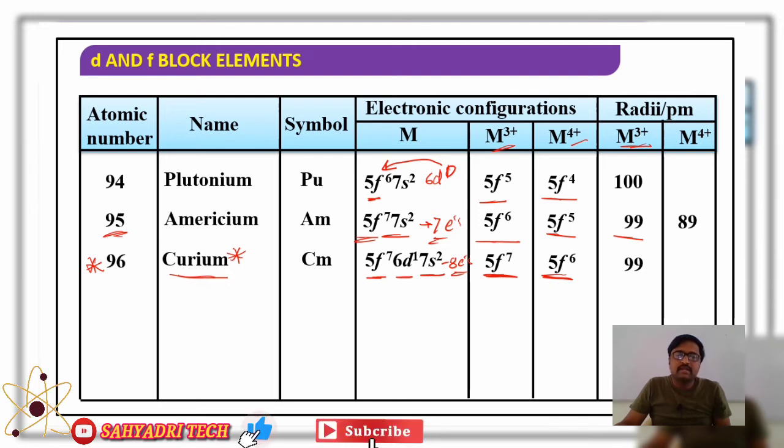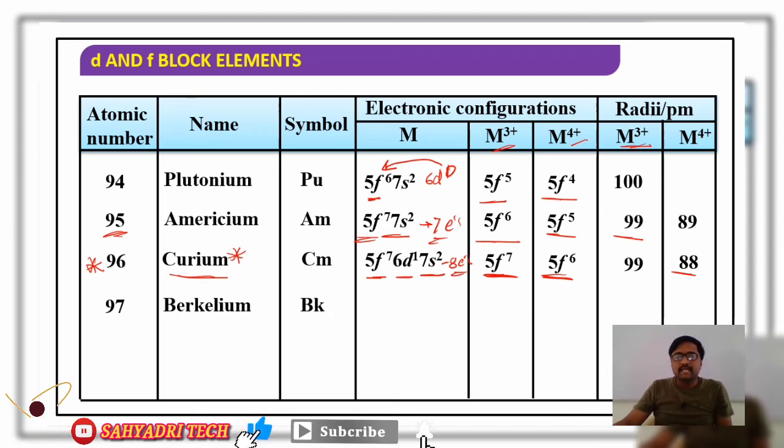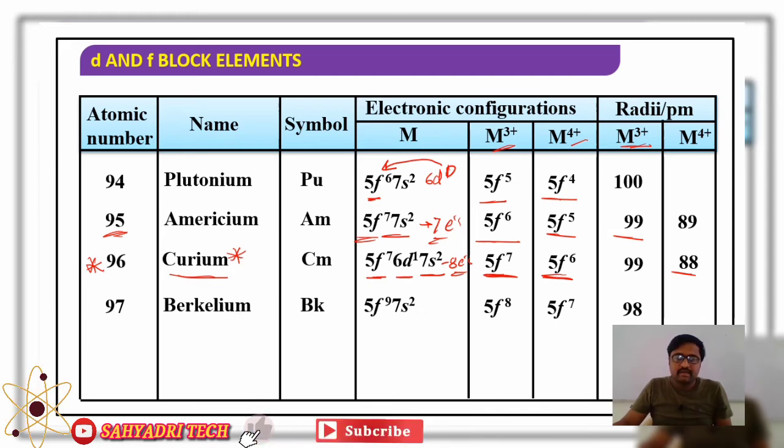The ionic radii are 99 picometer in +3 oxidation state and 88 picometer in +4 oxidation state. Then atomic number 97 is berkelium, Bk is the symbol, 5f9 6d0 7s2 in elemental state, 5f8 in +3 oxidation state, 5f7 in +4. The ionic radii are 98 picometer and 87 picometer.